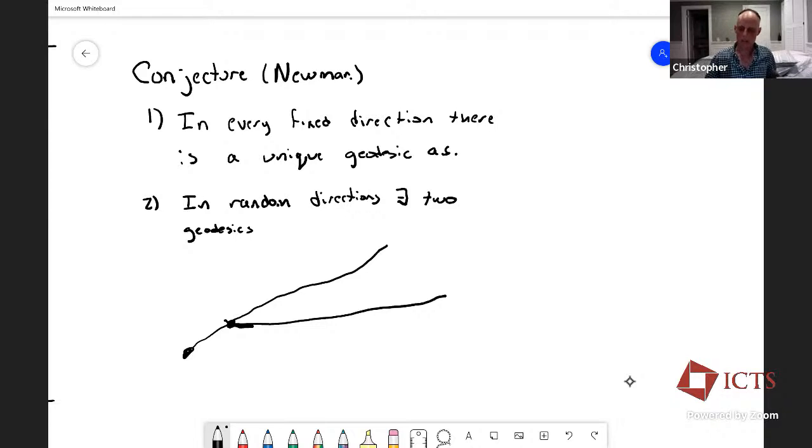And in various settings, people have been able to prove that in all directions simultaneously, there are only two geodesics. But in standard first passage percolation, it's still unknown whether there are any directions with more than two geodesics.